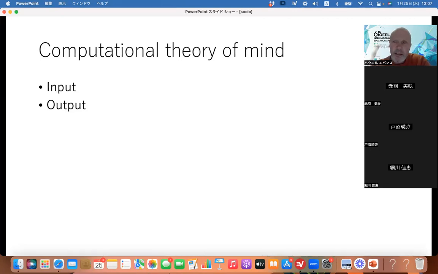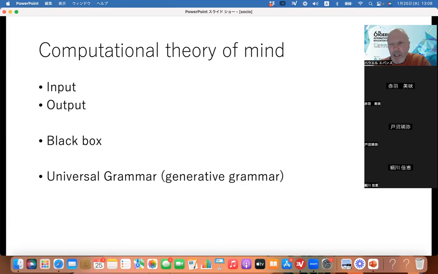You provide some linguistic stimulus, something goes on in the head, we don't know what, and then this gives you some kind of improvement to the language faculty, universal grammar, whatever you want to call it. They call it a black box approach. You put some input in, you get some output, and you don't really know what's going on inside. And of course, that fits in with the universal grammar, generative grammar theory of language.